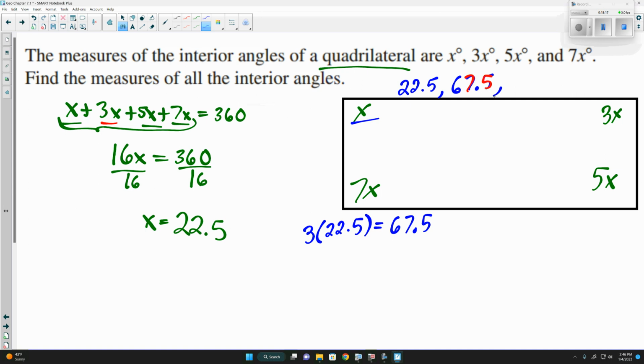So 67.5 is the next angle. We also have to multiply it by 5. 5, carry the 2.